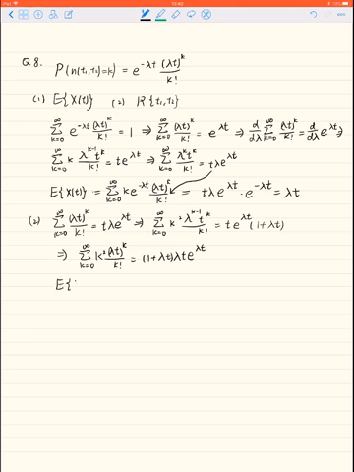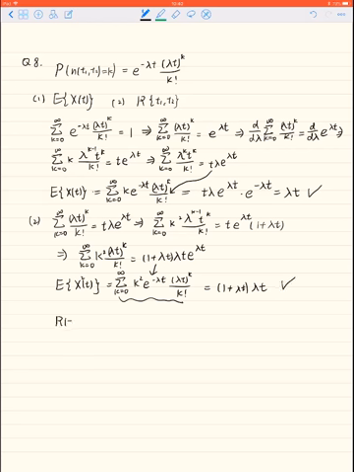And now we know that the expectation of X squared of t equals the sum from 0 to infinity of k squared times e to the power of minus lambda t times (lambda t) to the power of k divided by k factorial. Deriving from that equation, the answer is (1 plus lambda t) times lambda t. Now we know both the expectation of X(t) and the expectation of X squared of t.